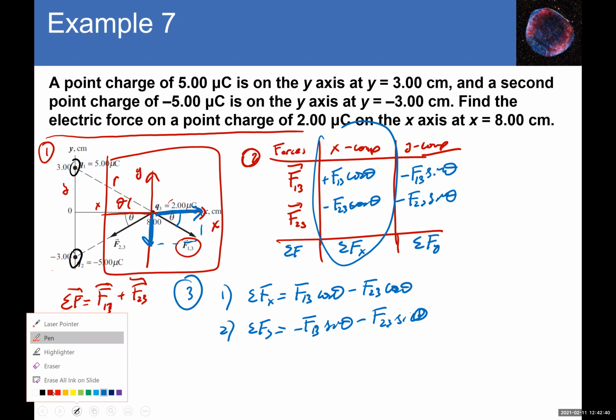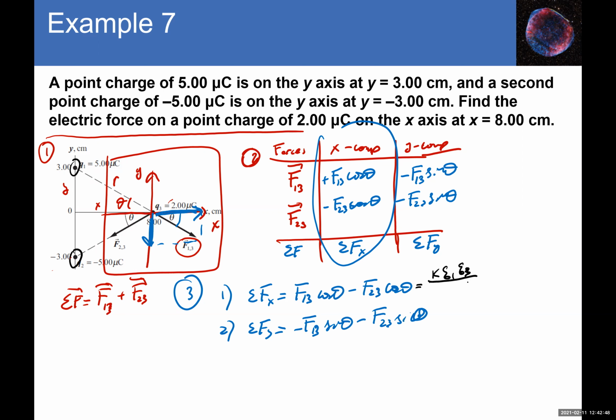All right, so let's continue and see what we get. F13 is k Q1 Q3 over, actually let me do that over here. The force that 1 exerts on 3 is k Q1 Q3 over R13 squared.